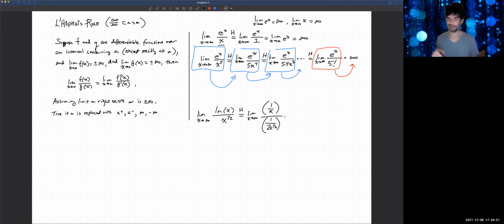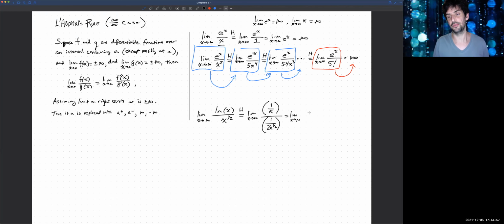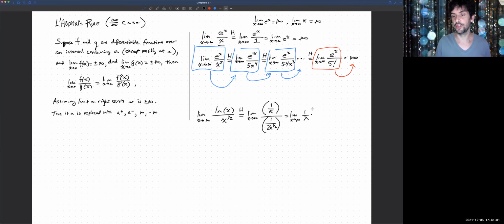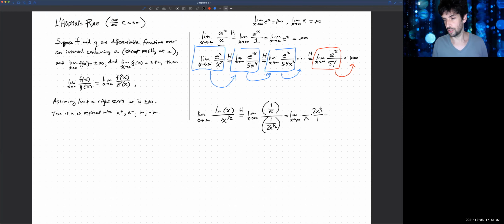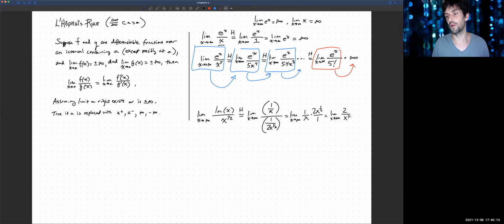Okay. This is a pretty ugly fraction, so let's do a little bit of algebra before we even think about limits. So really, this is going to be 1 over x times 2x to the 1/2 over 1, which is the limit as x goes to infinity of 2 over x to the 1/2, right?